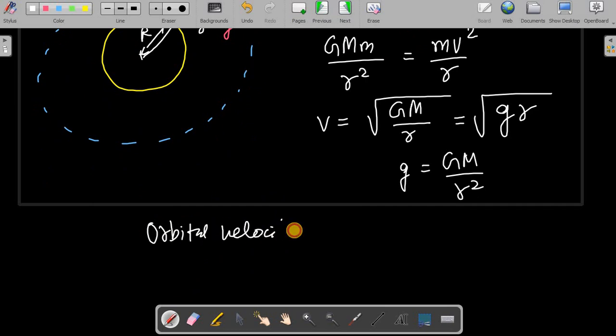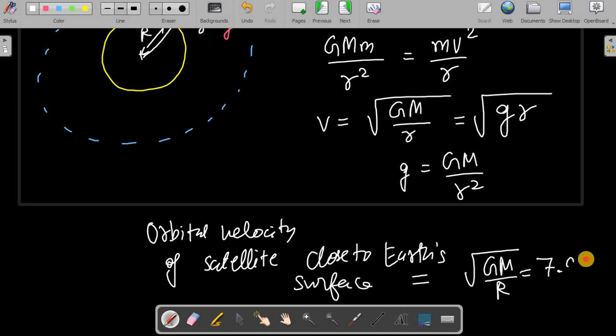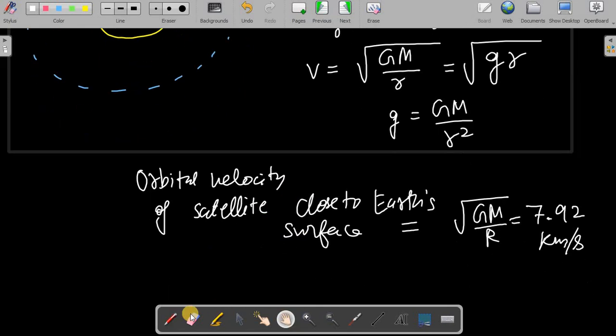The orbital velocity of a satellite close to Earth's surface becomes root GM by capital R. It is 1 by root 2 times the escape velocity, and when you calculate it, it comes to about 7.92 kilometers per second, or nearly 8 kilometers per second.